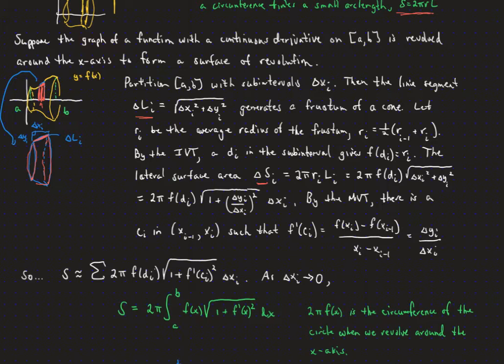So our r sub I, we're going to now approximate with our f of d sub I. That radius is the function evaluated at some point in that subinterval.